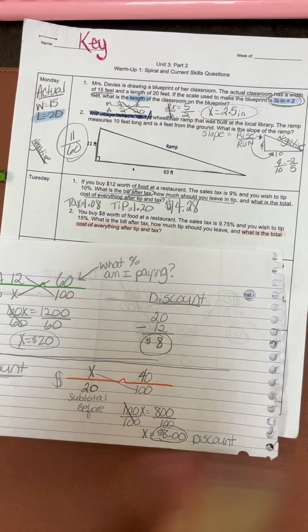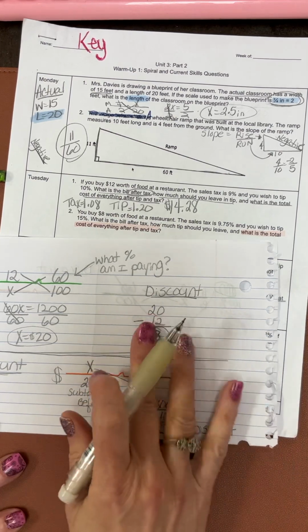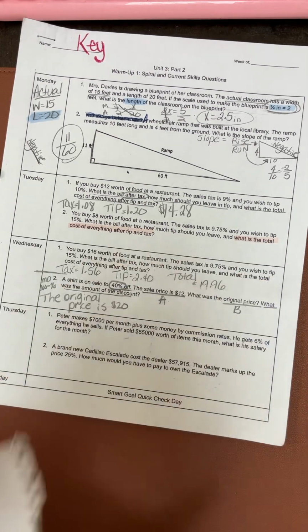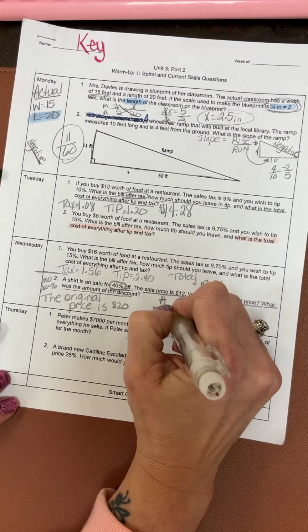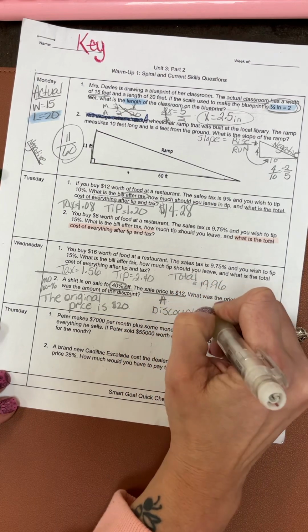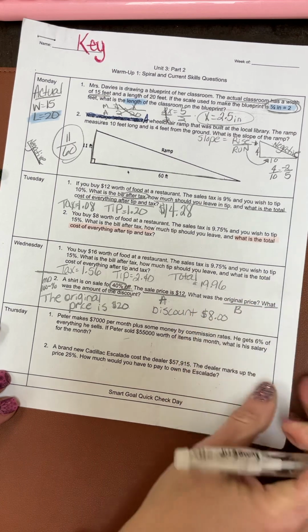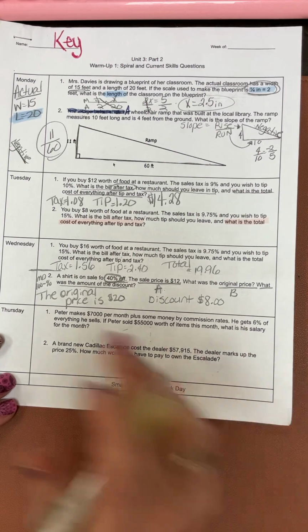You can put it back into another bridge map and figure it that way. I think you probably are better off to do that subtraction. You just have to remember to do that second step. Okay? So the discount amount was $8. It was 40% off, and it had an $8 discount.